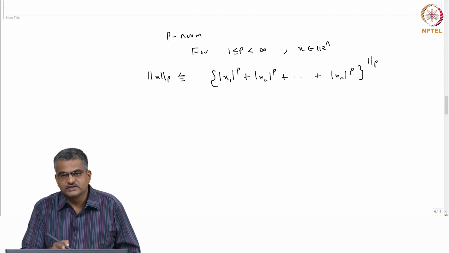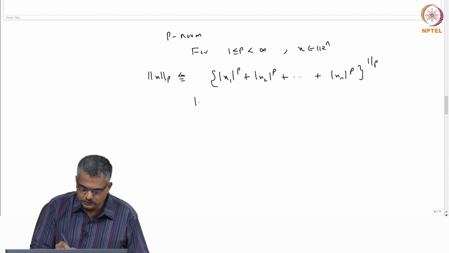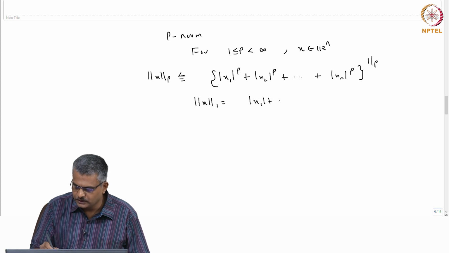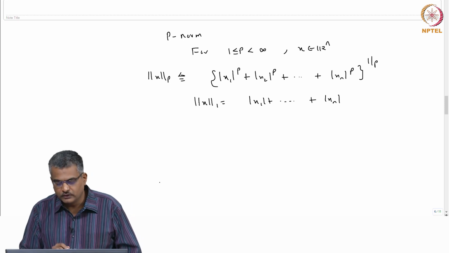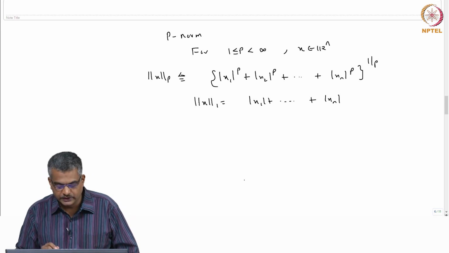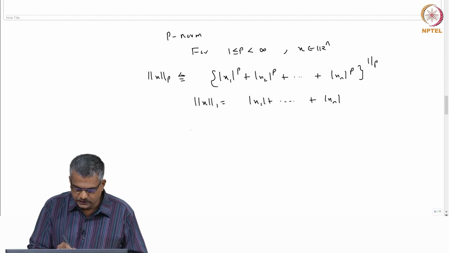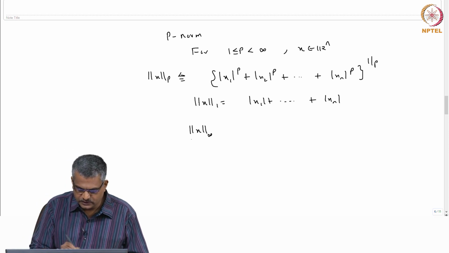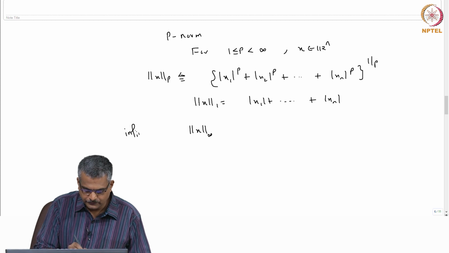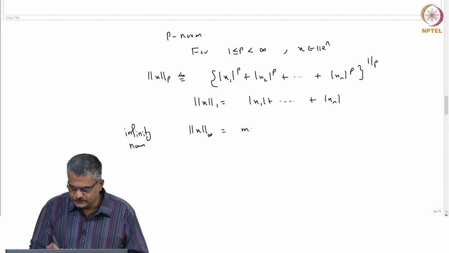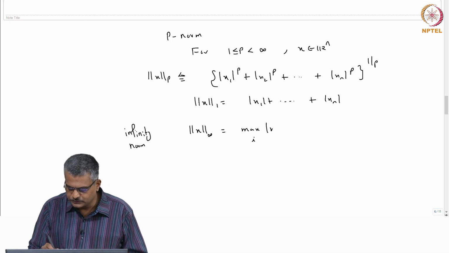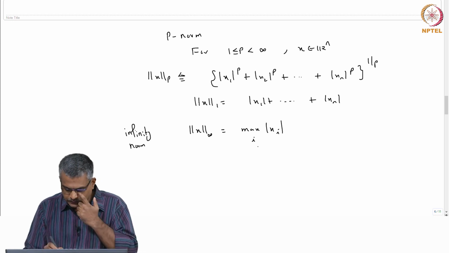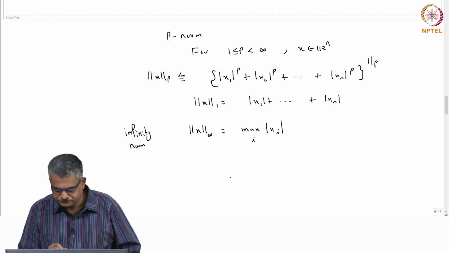This is known as the P norm. One can talk about the one norm, which becomes just the sum of the absolute values. The two norm we have already seen, which is the Euclidean norm. For p equal to infinity, this is known as the infinity norm. It is defined as the max over i of the absolute value of xi, where i varies from 1 to n.